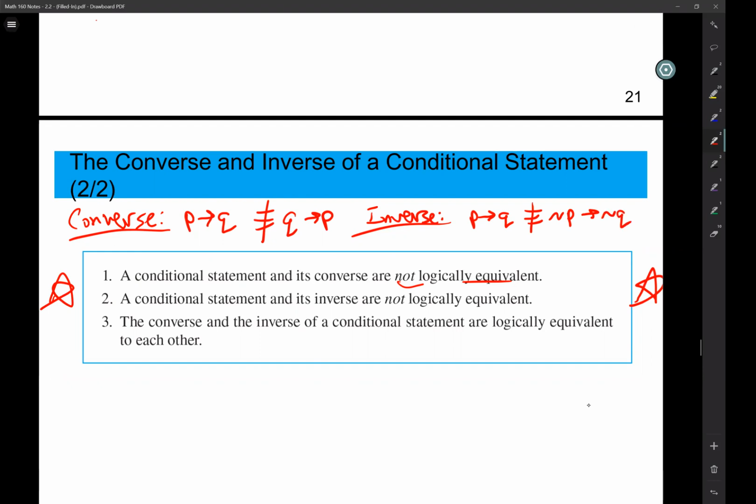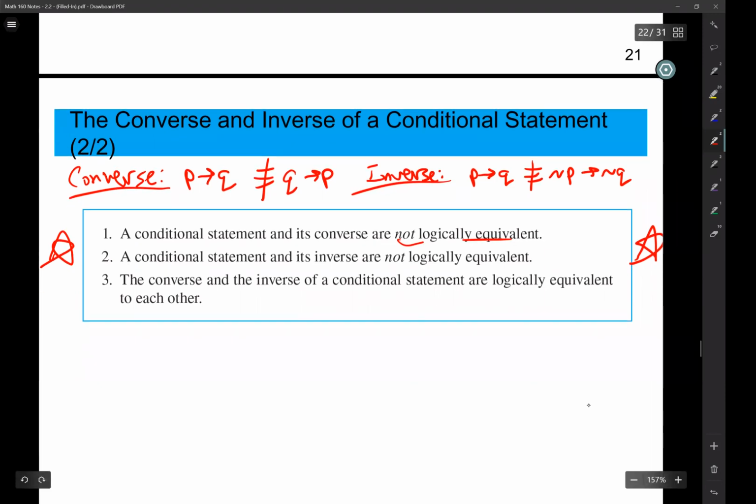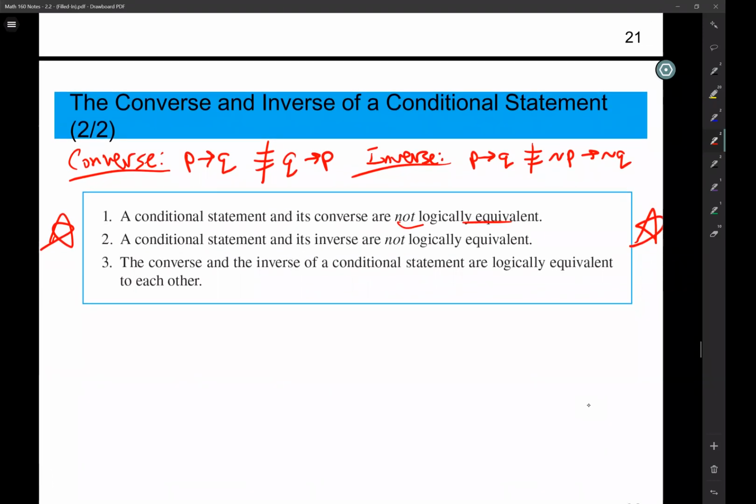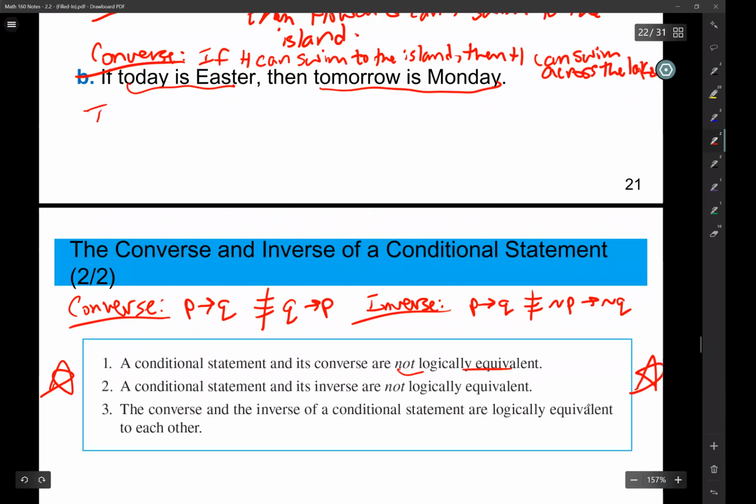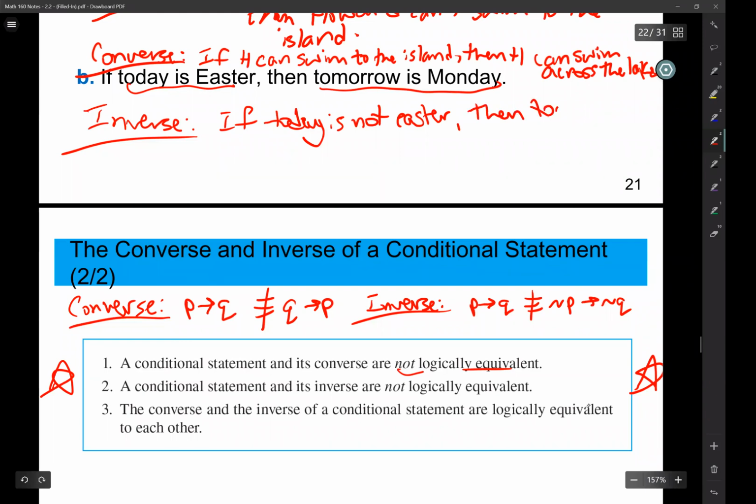Okay, and we kind of know that because, for instance, on this one up here, if today is Easter, then tomorrow is Monday. Let's look at the inverse. The inverse here says, if today is not Easter, then tomorrow is not Monday.